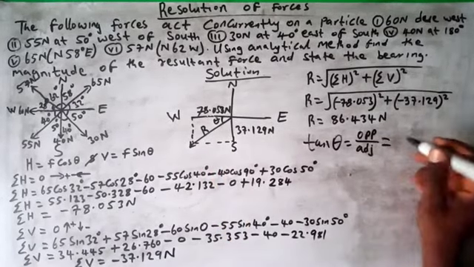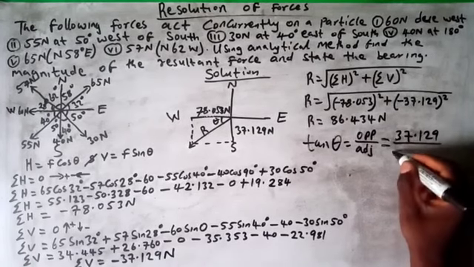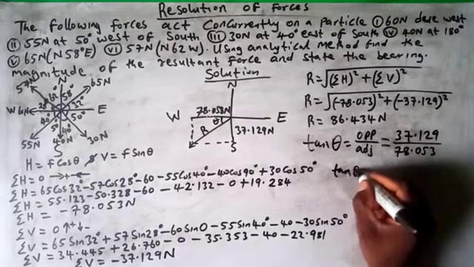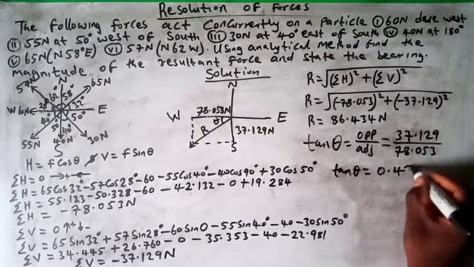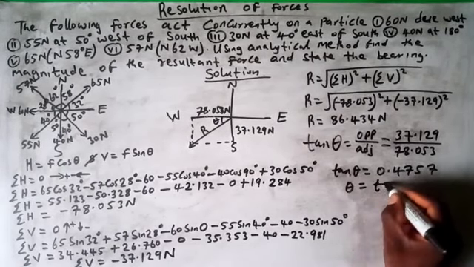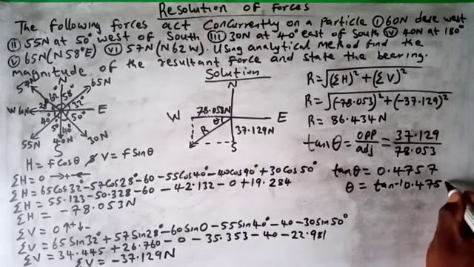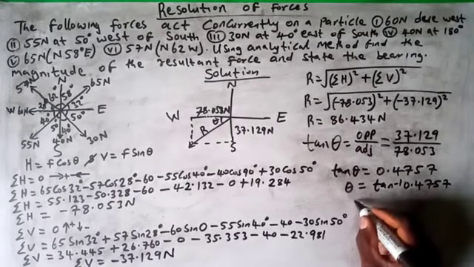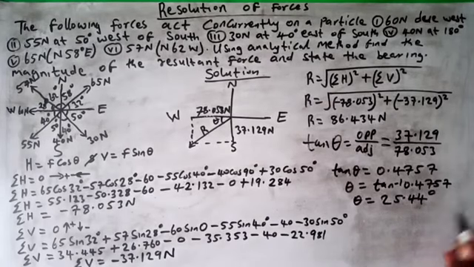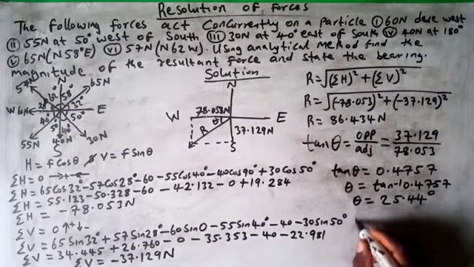So this will be equal to 37.129 all over adjacent 78.053. Theta will be equal to 0.4757, where theta is equal to arctan 0.4757. Theta will now be equal to 25.44 degrees.